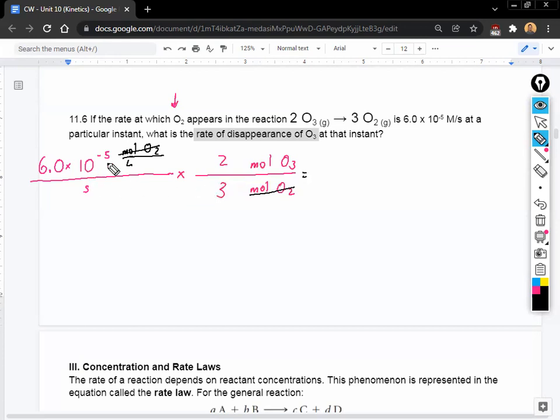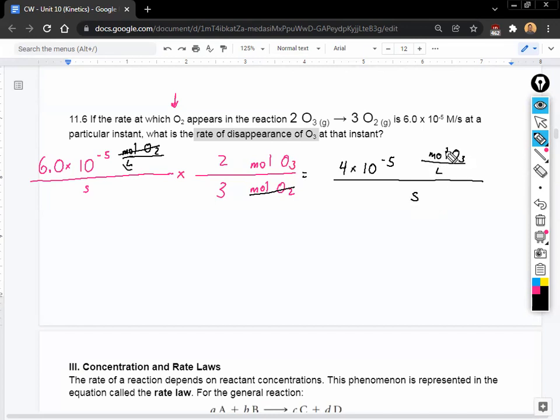And then if we do the math, we just need to do 6 times 10 to the negative 5 times 2 divided by 3, which should give us 4 times 10 to the negative 5. Now, if you notice for the units of measurement, we're multiplying with moles of O3. So it'll be moles of O3 divided by liters, and then everything over seconds.